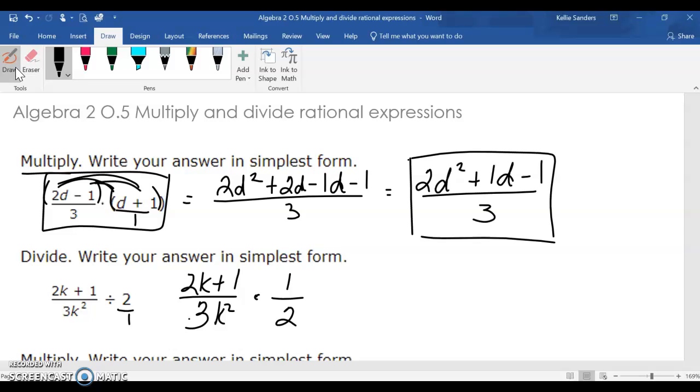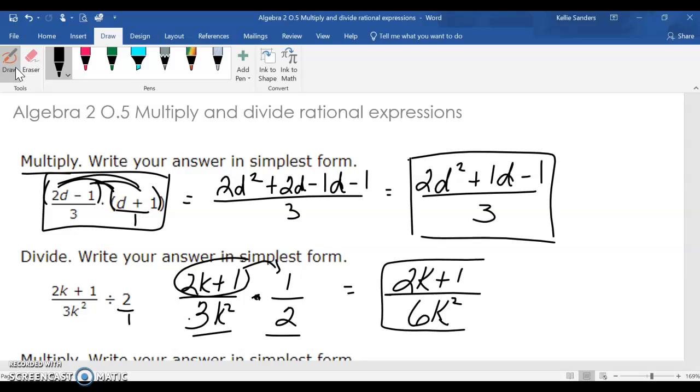So whenever you're dividing, you always flip the second one and then multiply. And multiplying fractions is no problem. Top times top and bottom times bottom. So we're going to multiply this times 1 and just get 2k plus 1. And on the bottom, we get 6k squared. All right? So that is the beginning.